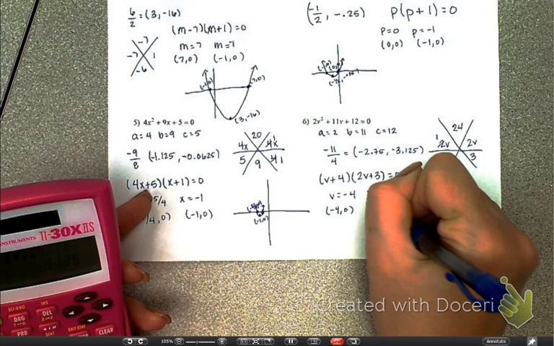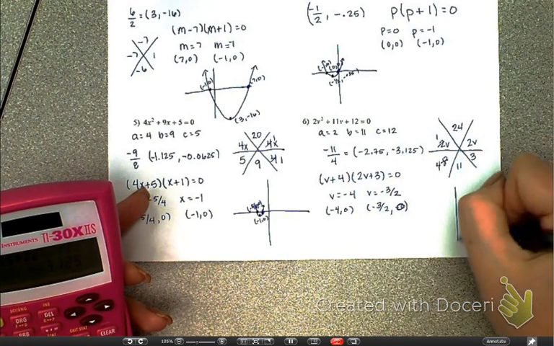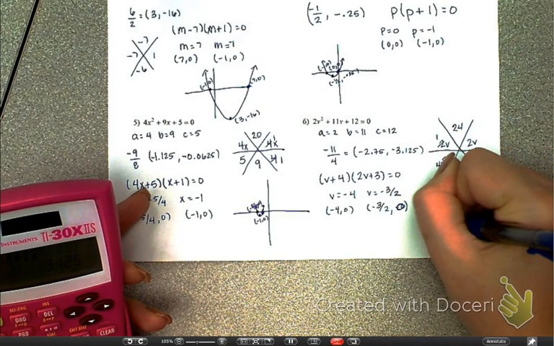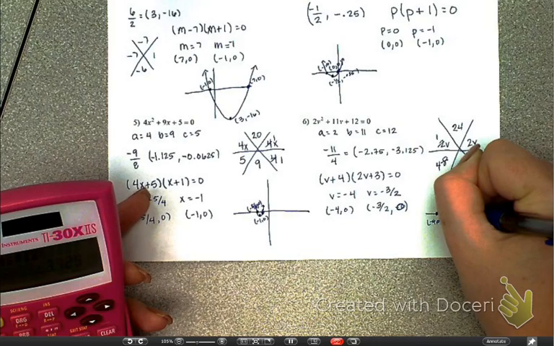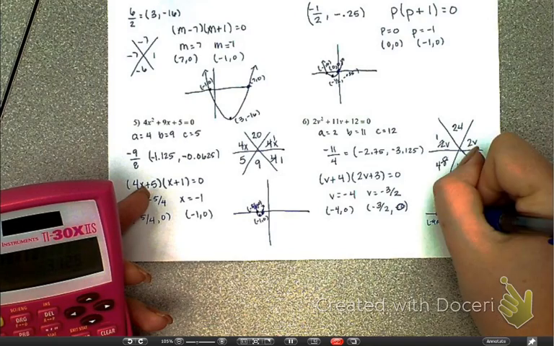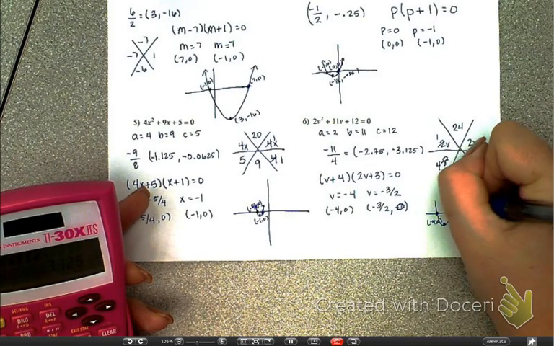My intercepts are at negative 4 and negative 3/2. So negative 4, 0, negative 3/2, 0, and negative 2.75. So here-ish, the graph is going to look something like that.